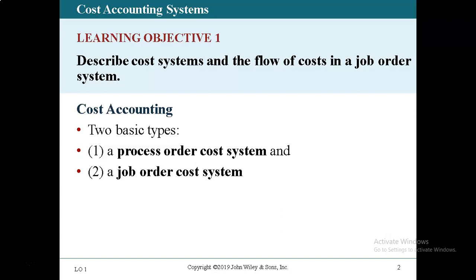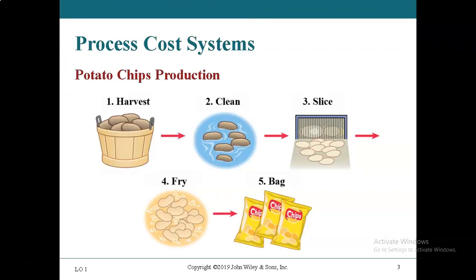In this chapter, we're going to introduce two types of costing systems, process costing and job order costing. The difference between the two is that process costing is when you make the same product over and over again, and every product has the same number of steps. For example, on this slide, you can see that they're making potato chips.